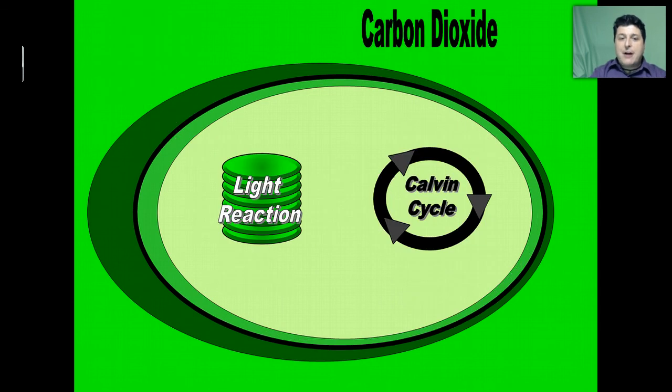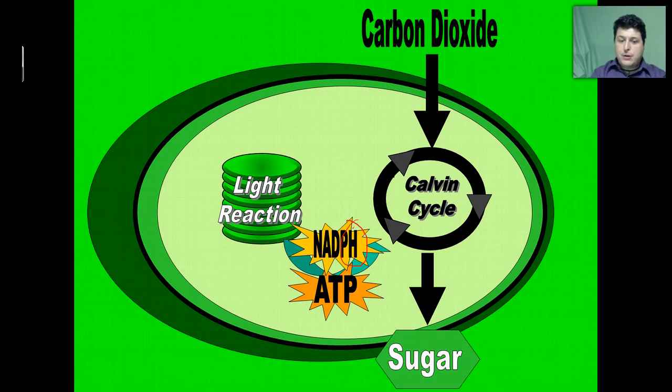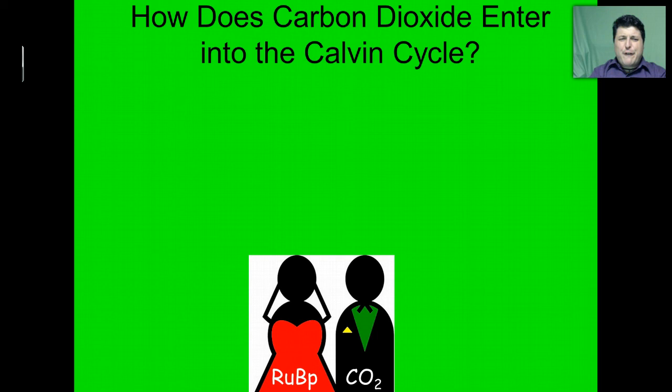So in the Calvin cycle, we're going to take carbon dioxide and use the energy from ATP, plus the high energy electrons and the protons coming from the light reaction, to produce our glucose. Our first step is we need to get the carbon dioxide into the Calvin cycle.